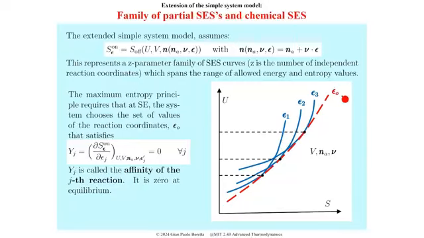And that's where we calculate the maximum, we apply the maximum entropy principle, and the maximum entropy principle implies that these derivatives of how the entropy varies with respect to those parameters must be zero. And these derivatives are what we call the affinities.